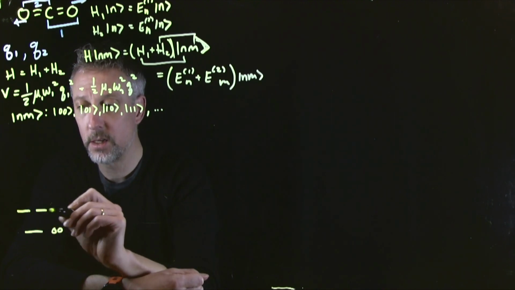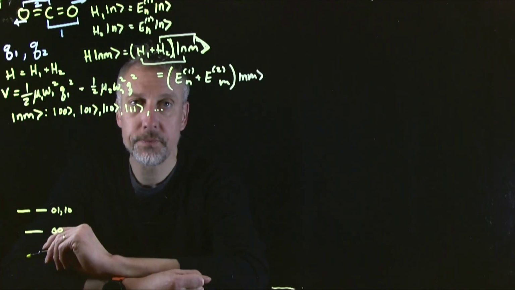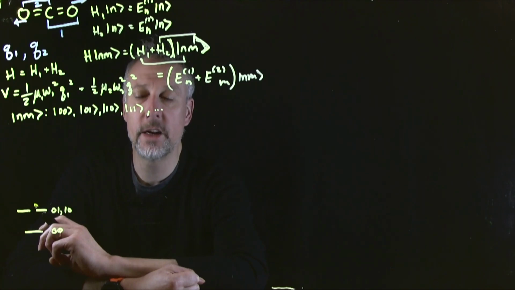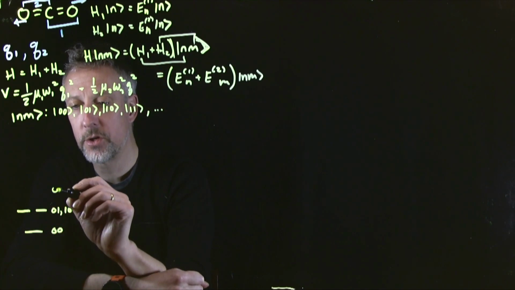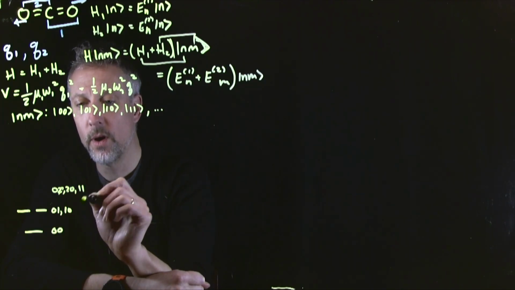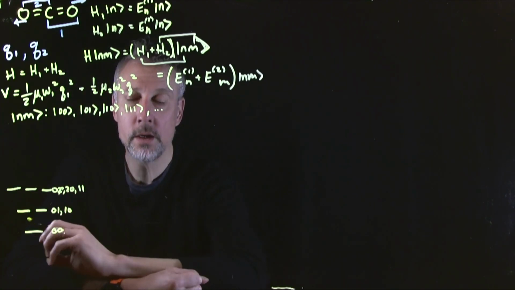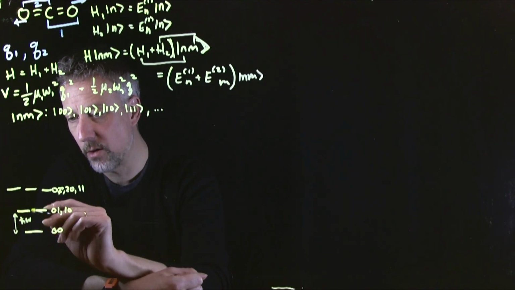So it'll give us a doubly degenerate 0,1 and 1,0. Now, how can we have two quanta of excitation? Well, there's three different ways to do that. You can have 0,2, 2,0, but also 1,1. They all have the same energy. So you'll get 3. All right, and these energies are still spaced by h bar omega.